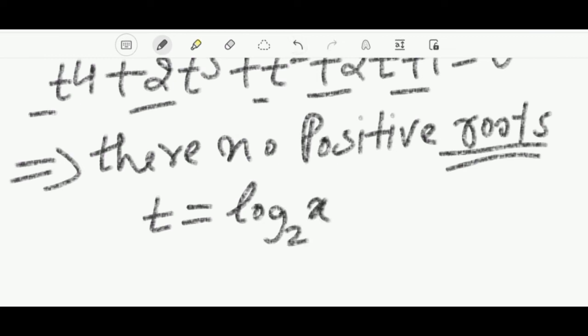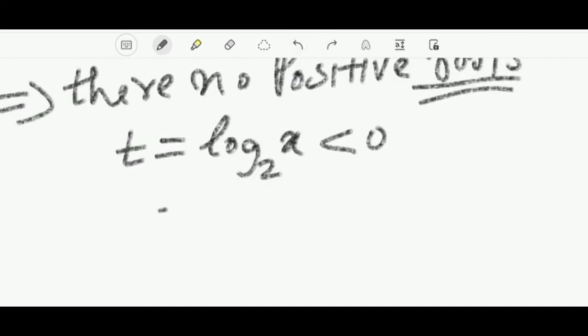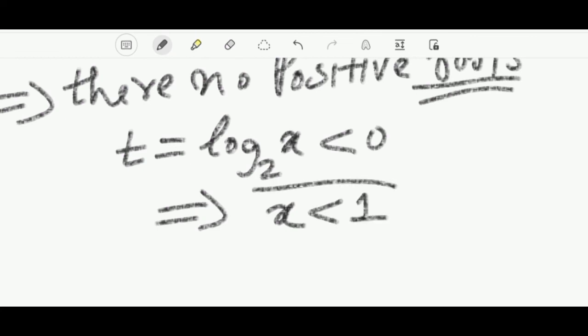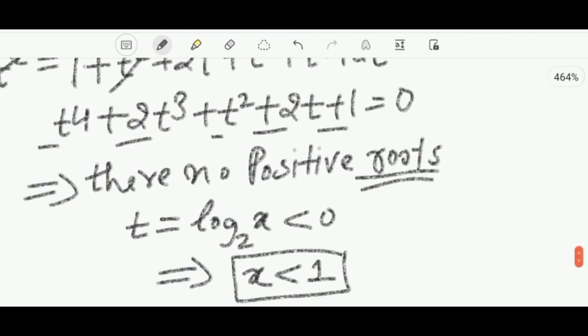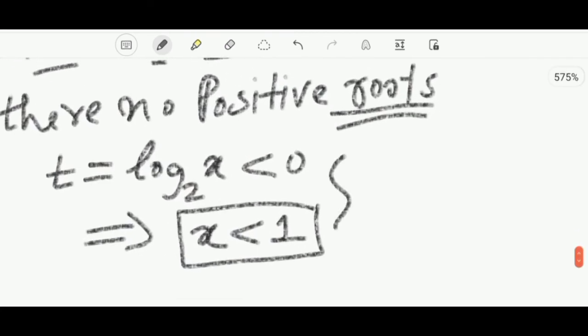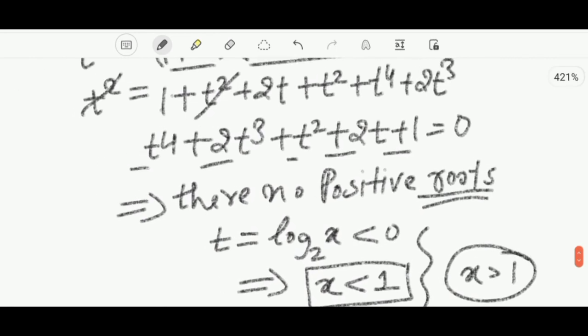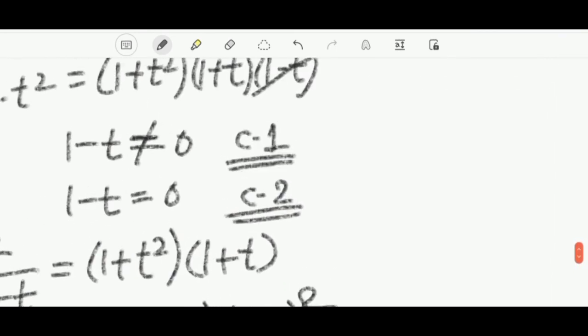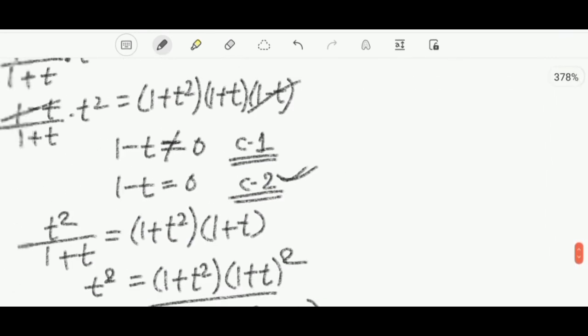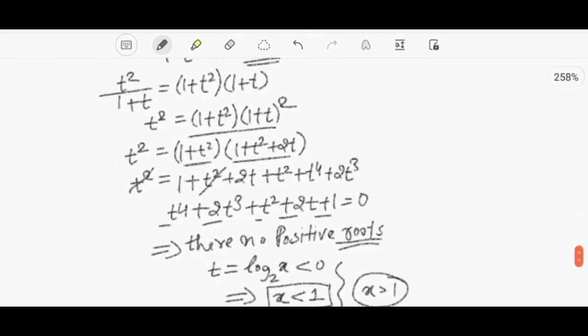So if the value of t is smaller than 0, then it implies that x is smaller than 1. So by this first condition we did not find any roots which have the value x greater than 1. So we have to now consider our second case where 1 minus t is equal to 0.